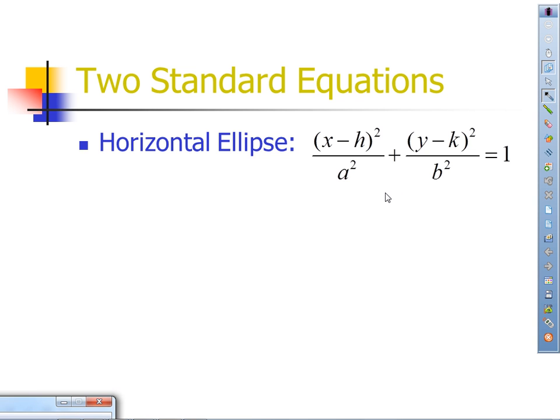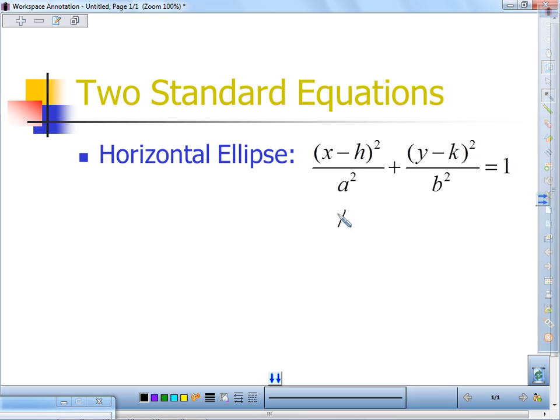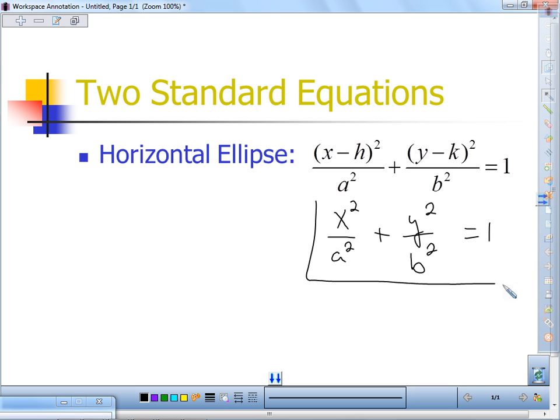If we're at the origin, it's just going to end up being x squared over a squared plus y squared over b squared is equal to 1. And this is the one we're going to use today, because we're going to be at the origin. So the center of our ellipse is going to be (0, 0), and we don't need the h and the k.